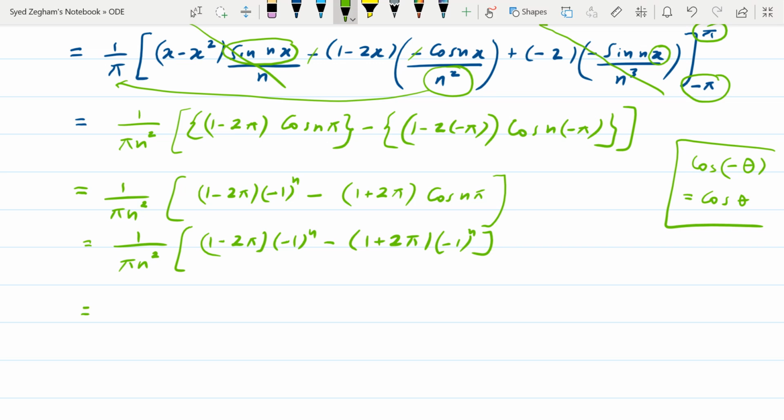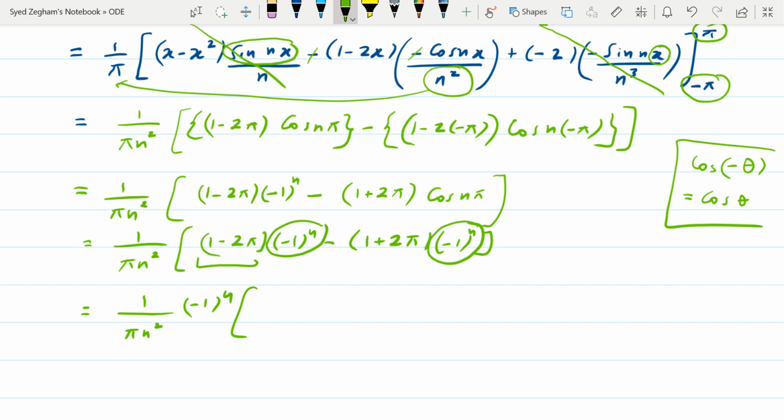Further simplification will lead to 1 over pi n square, and if you want you can take this minus 1 power n as a common factor, so it goes outside the bracket.